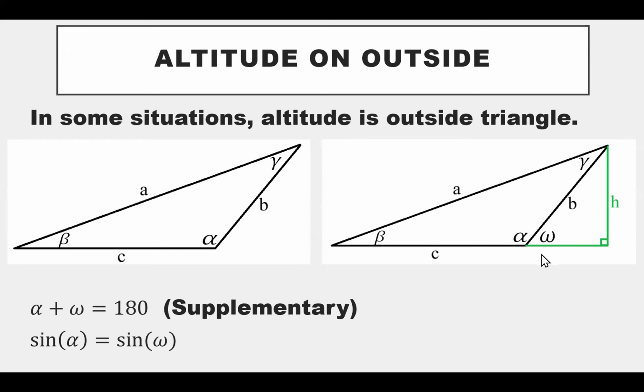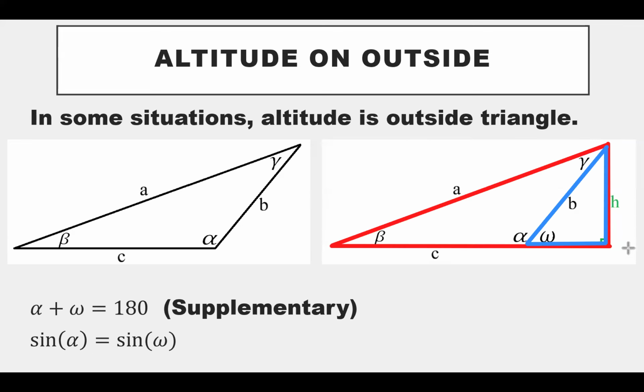We're going to be using right triangles again, but slightly different right triangles. Just for a point of emphasis, my alpha and omega here that I've drawn are supplementary angles. They add up to 180. And one fact about supplementary angles with sine is that sine of alpha is equal to sine of omega when alpha and omega are supplementary.